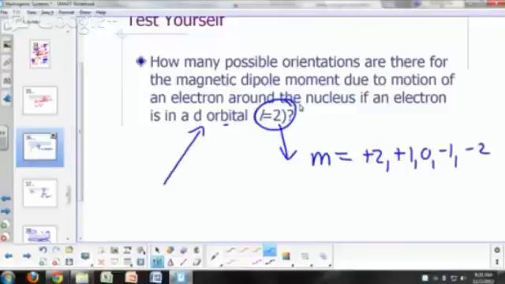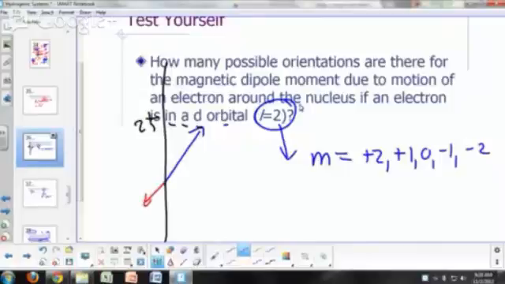So your L vector could be pointing there with a z component of 2 h bar. So that's m equals +2. And if that's the case, then your dipole moment vector will be pointing in the opposite direction. And you can have m equals +1.